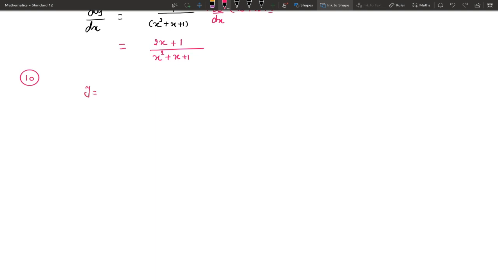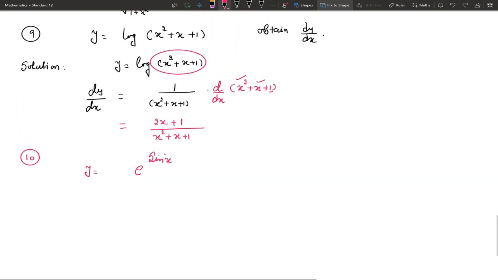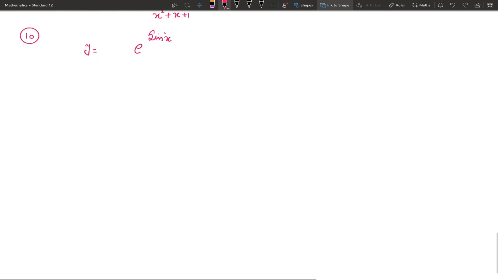y equal to e raised to sine x. So solution is dy by dx. First we use derivative of e raised to x, it is e raised to x.